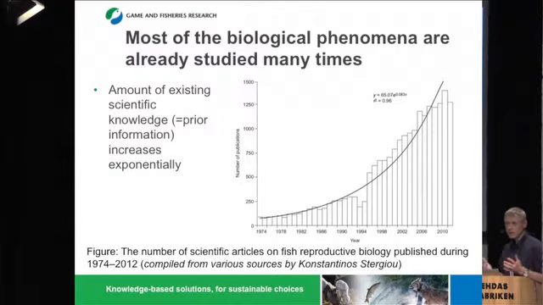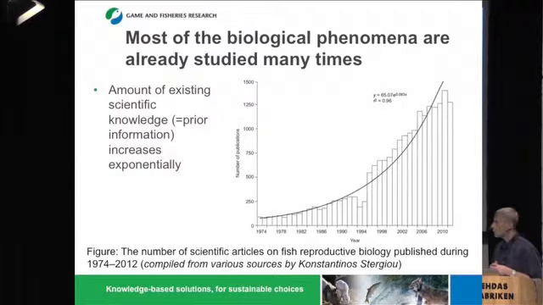So, I guess everybody knows that we are having an accumulation of information in the scientific society. We have a very effective publication system which produces more and more information for us. This is just a simple example about the number of scientific articles which is accumulating over the years.